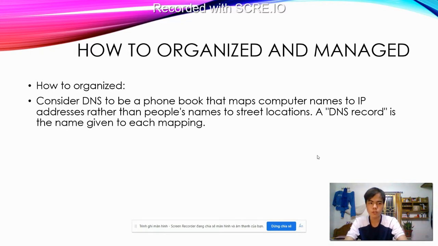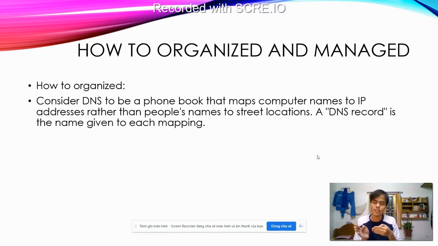For example, in our daily life, we always have our own phone number, our own street name or house name, house number, and we have a phone book or an address book that includes our name, our phone number, our street location if needed.